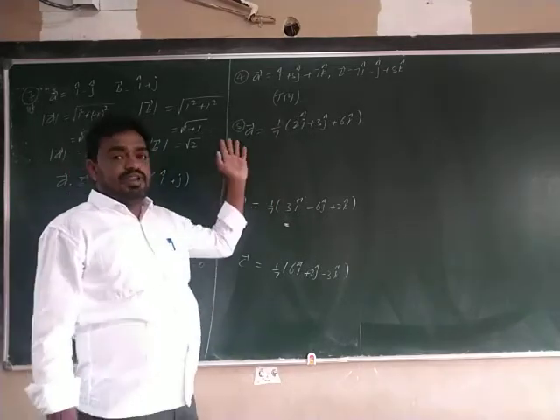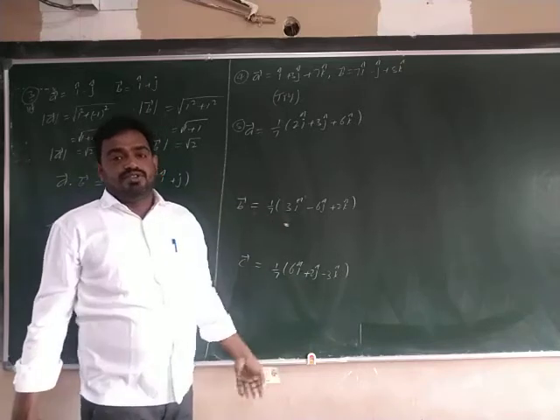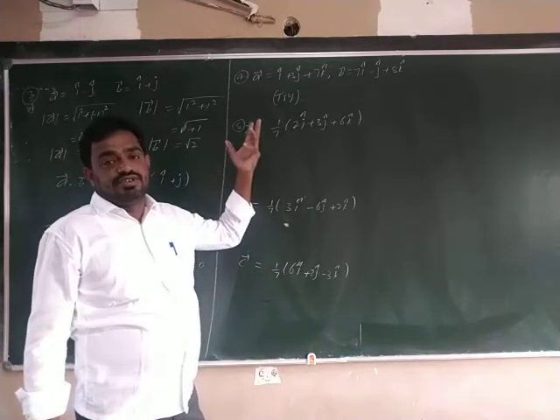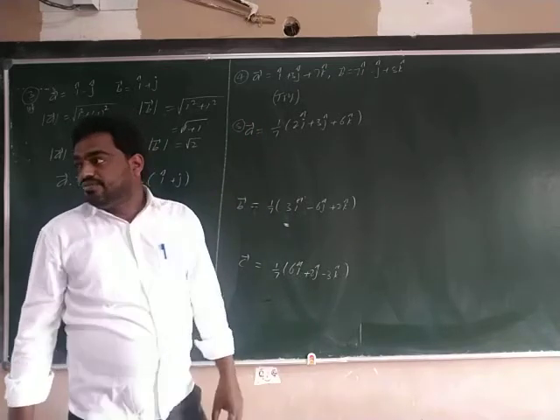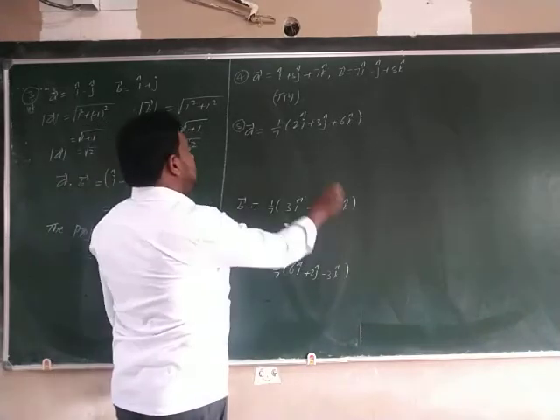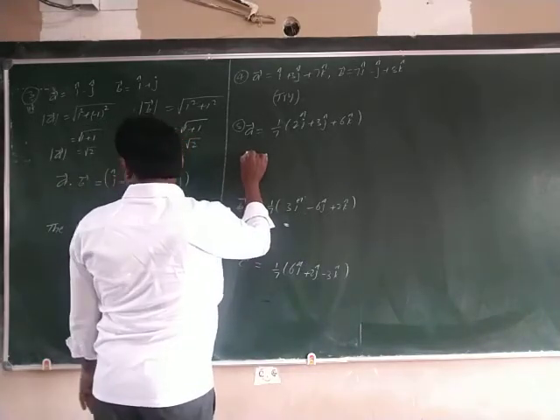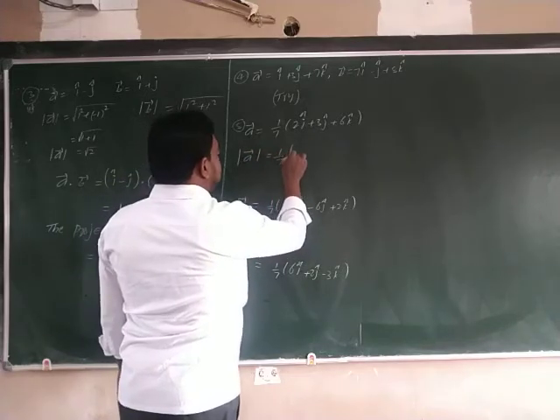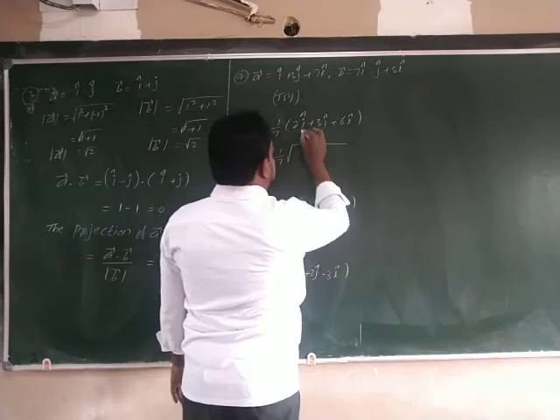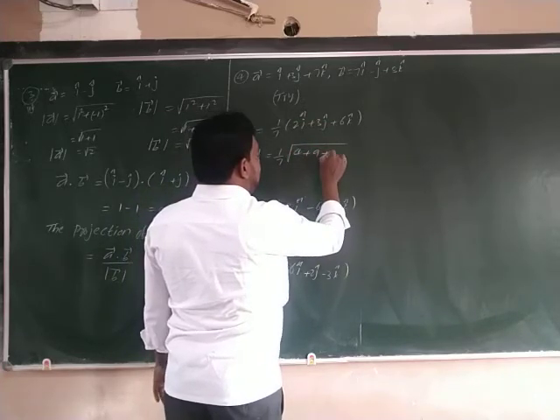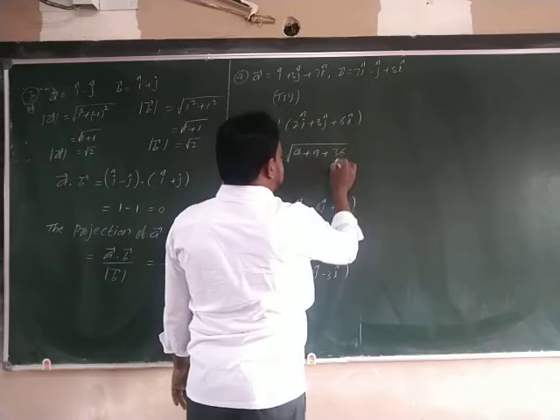And they are mutually perpendicular to each other. That means A dot B equals 0, then A and B are mutually perpendicular, and B dot C equals 0, C dot A is equal to 0. These dot products are equal to 0, which we also need to prove. So first find the magnitude of vector A. This is equal to 1 by 7 into the square root of 2 squared 4, 3 squared 9, plus 6 squared 36.